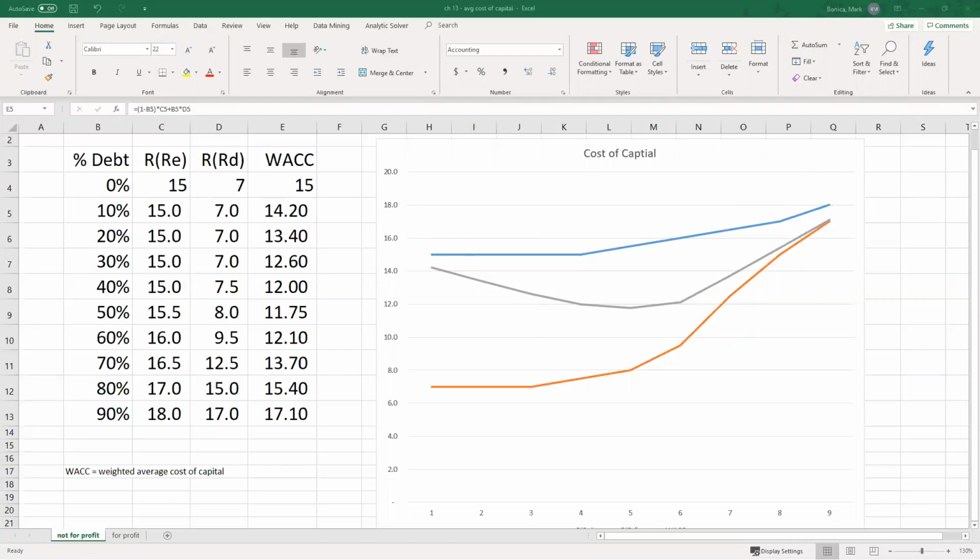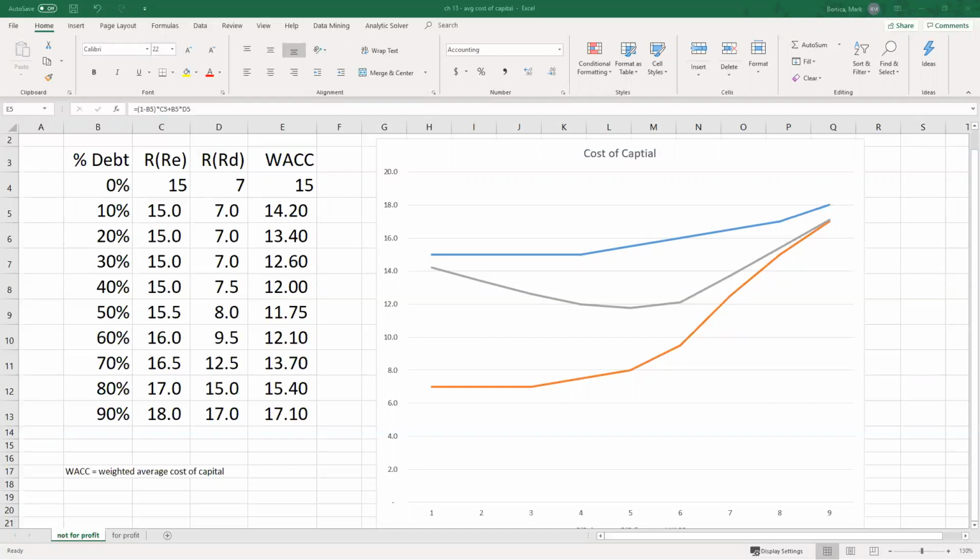What does that mean for me as a manager thinking about projects? Can I do more projects now or fewer projects when I cut my hurdle rate from 15 to 12.6? Exactly. Good. So you guys are saying you can do more, and that's correct.